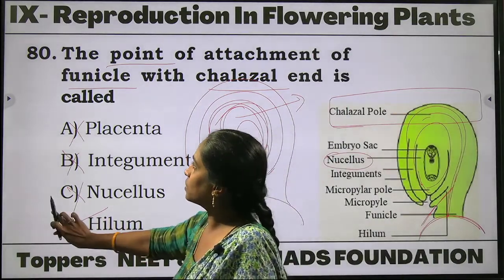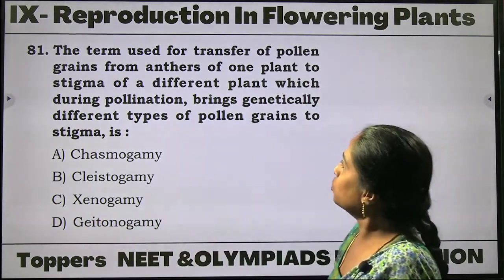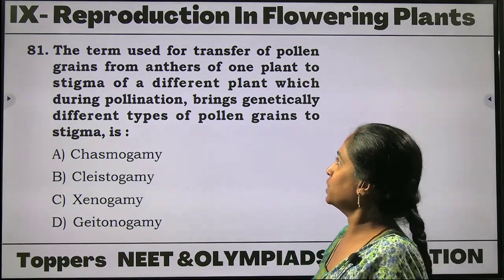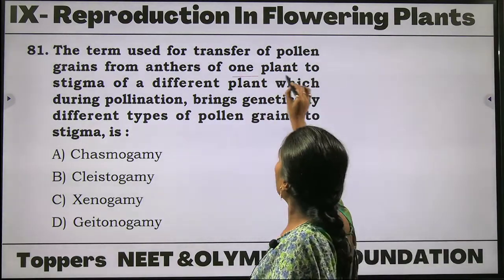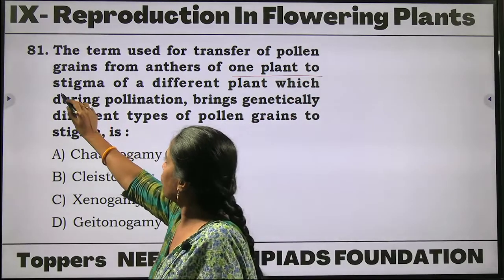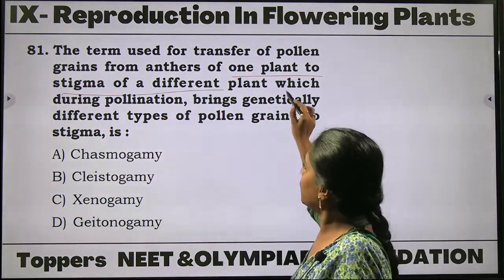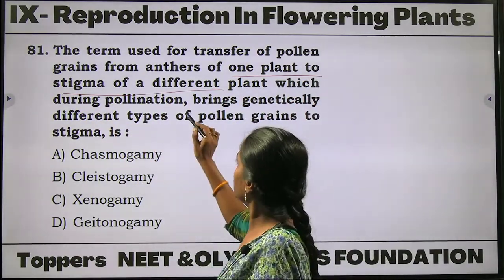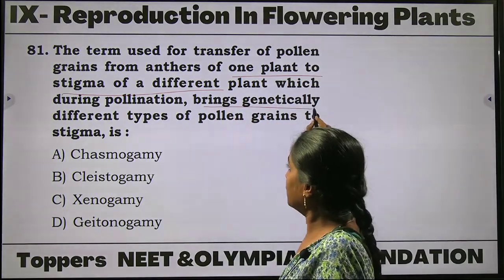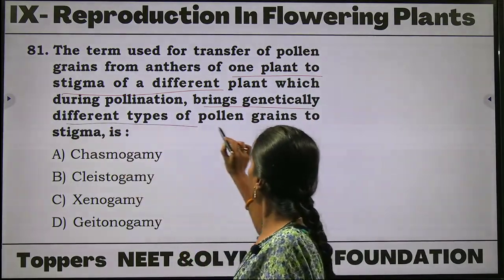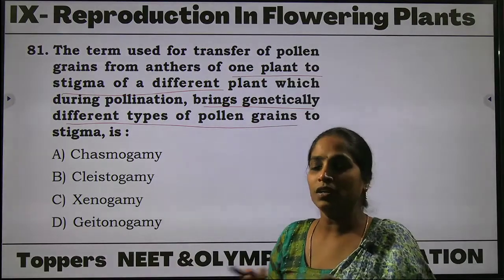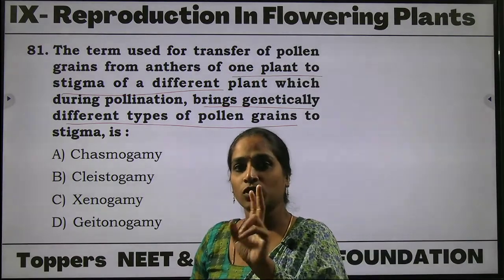Okay, next. The term used for transfer of pollen grains from the anther of one plant to the stigma of a different plant, which during pollination brings genetically different types of pollen grains. Nothing but pollination. We know that there are two types of pollination.